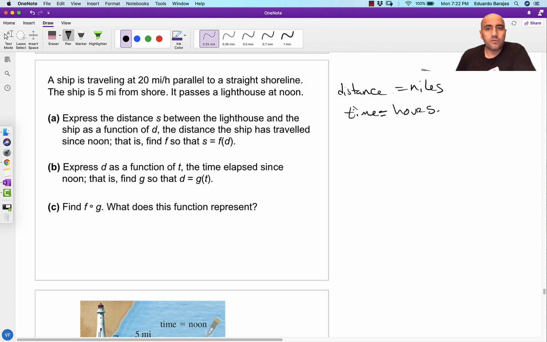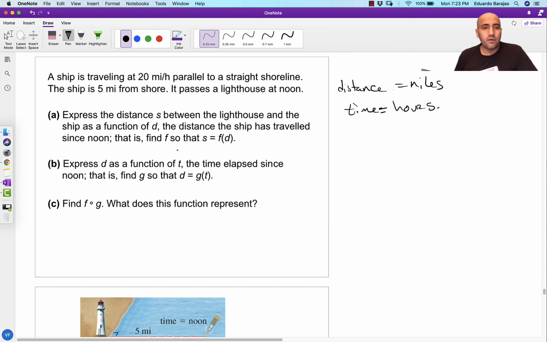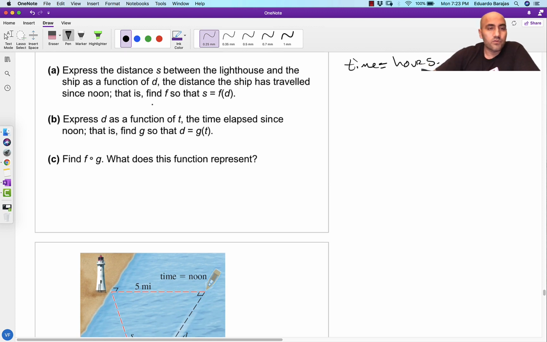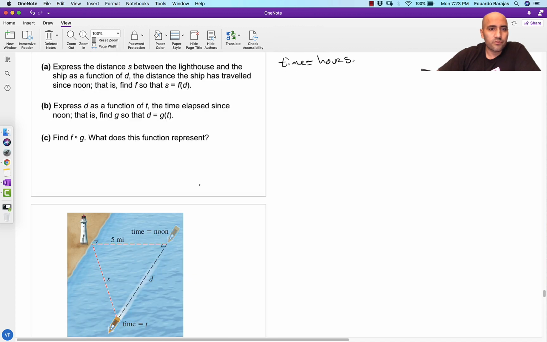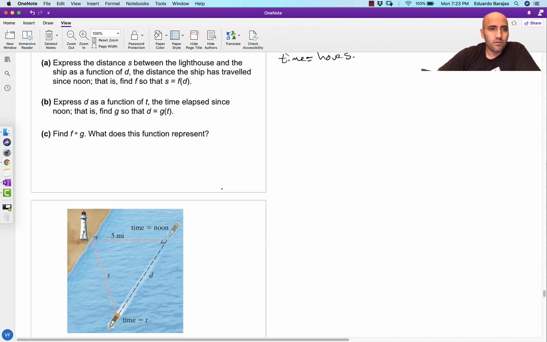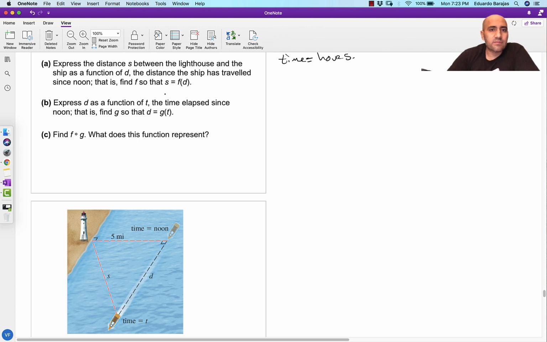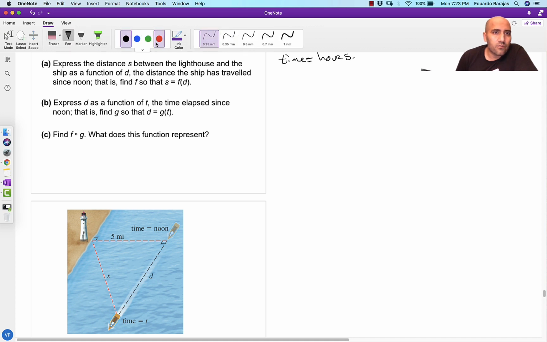Okay, so distance d traveled. Express the distance s between the lighthouse and the ship as a function of d. Let me zoom out a little bit to capture the whole thing. Luckily, this is a nice right triangle right over here.